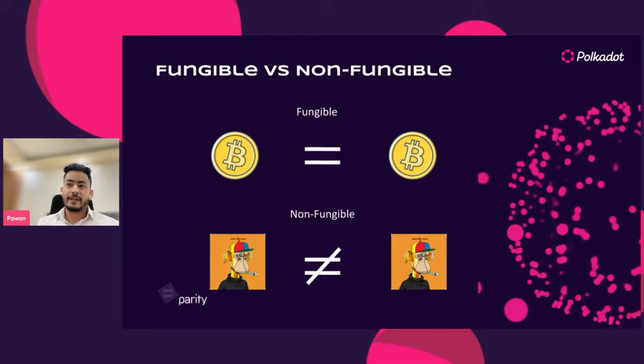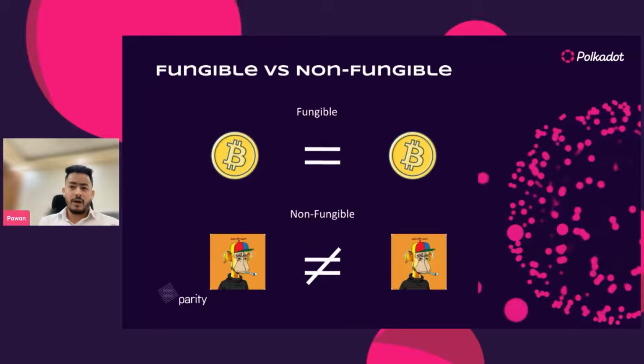And even if we create thousands of NFTs for the same set of data, each token will have a unique identification code, and they'll be distinguished from each other. That's why we say NFTs are irreplaceable.